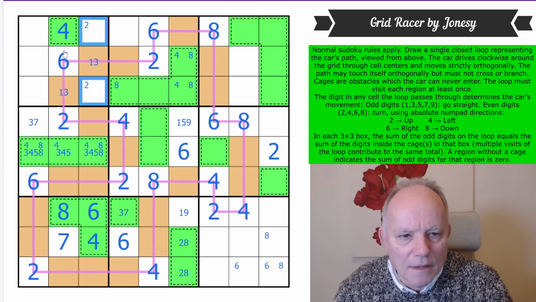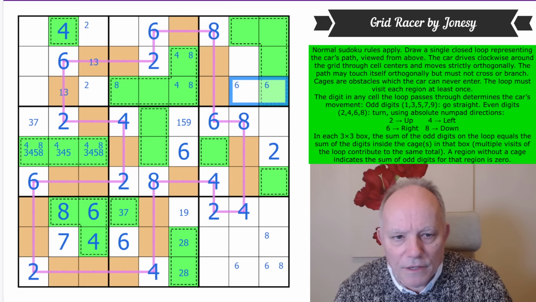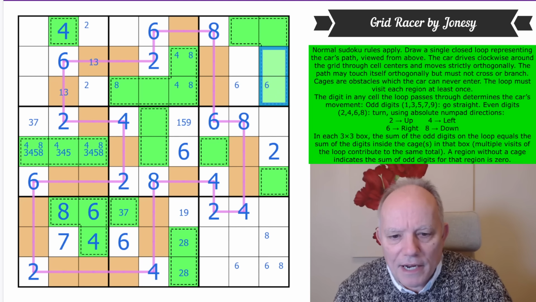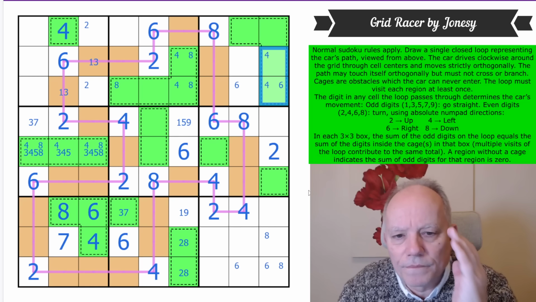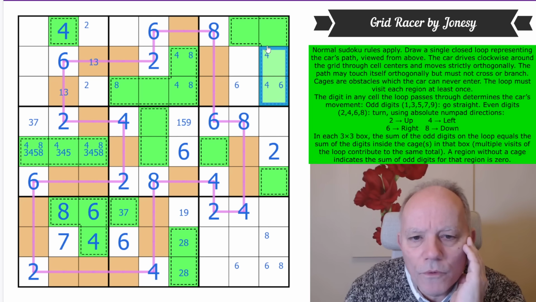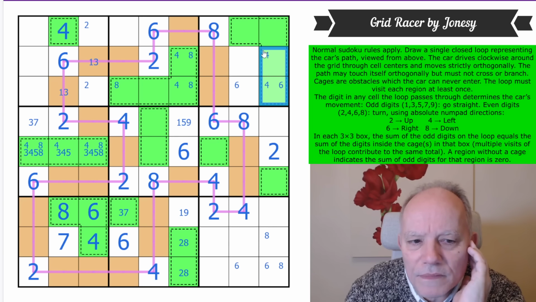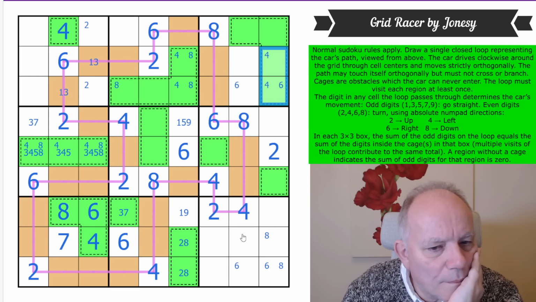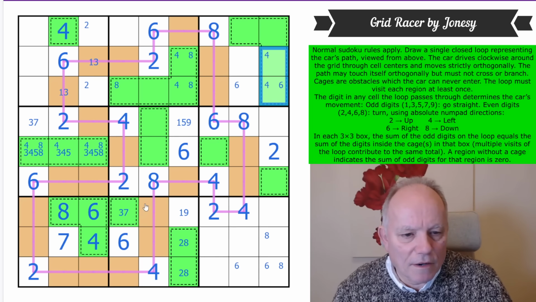I don't know. 6 is here in one of these two. 4, oh, that's good. 4 is in the green cage up there. 2, I don't know. Oh, ooh, Mark. I'm sure this isn't as hard as I'm finding it.